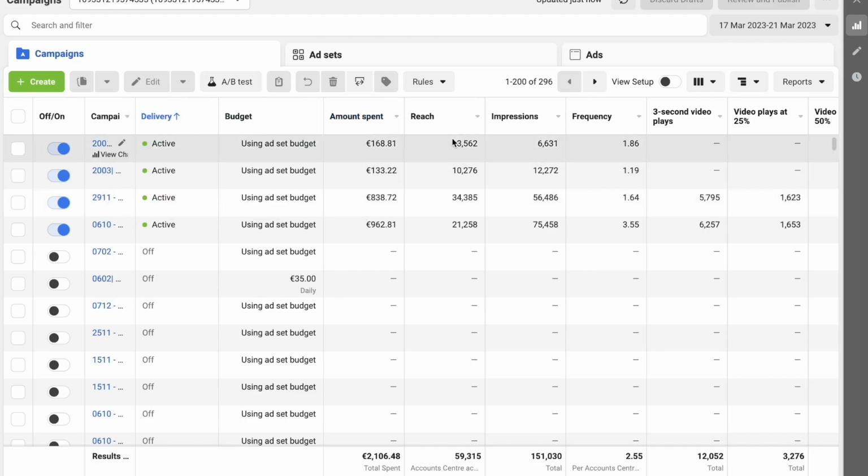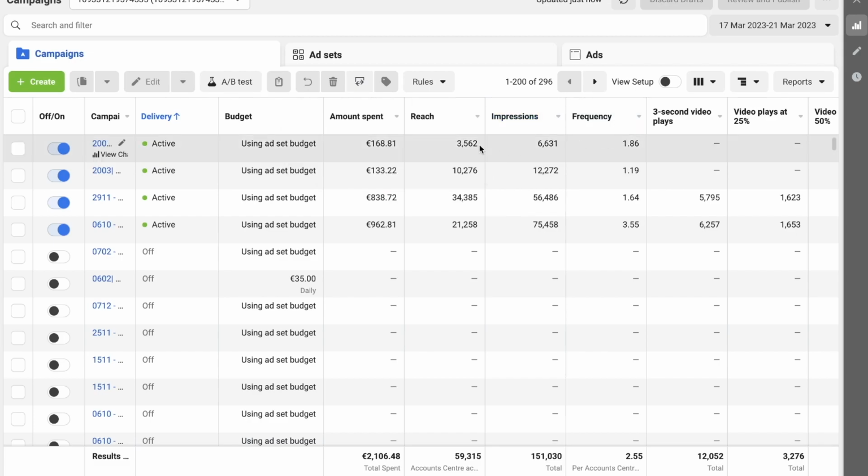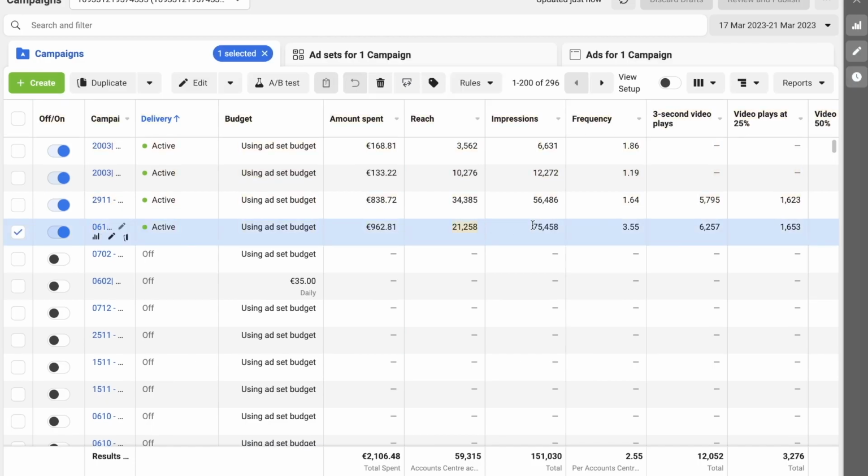You get your amount spent, and you get your reach and your impressions, and your reach and your impressions give you a frequency. From this, you can immediately see how many people are reached and how many impressions are delivered to these people. For example, retargeting most of the time has smaller audiences and a higher frequency because there's a smaller pool of people that see your ads over and over again.